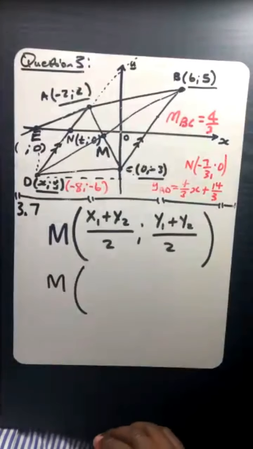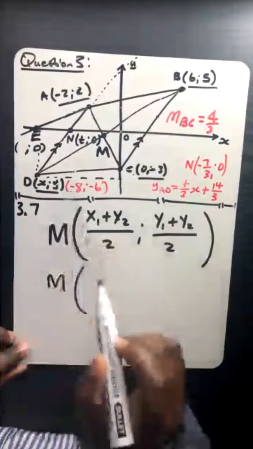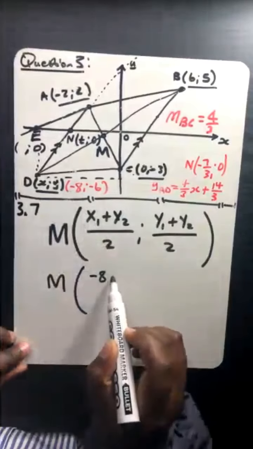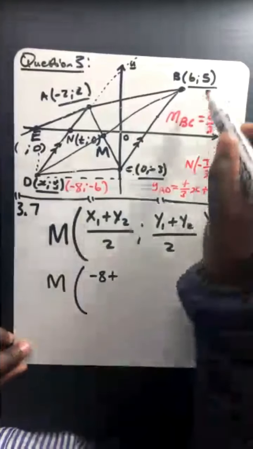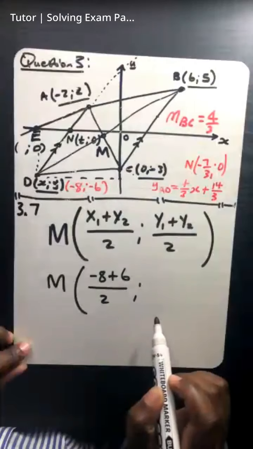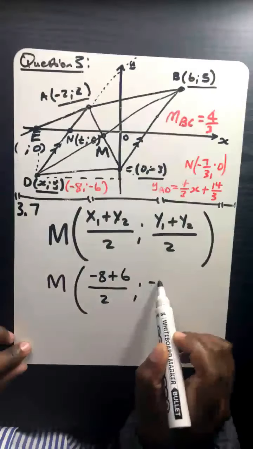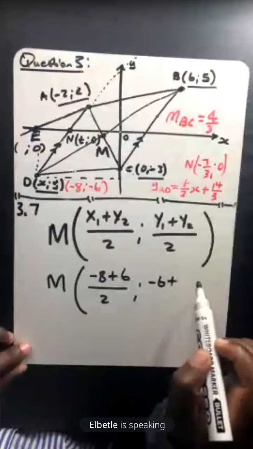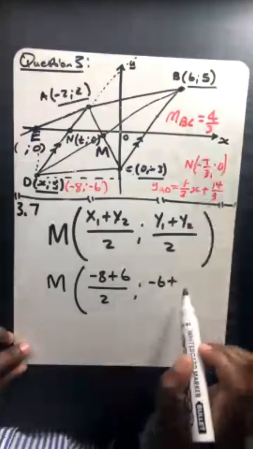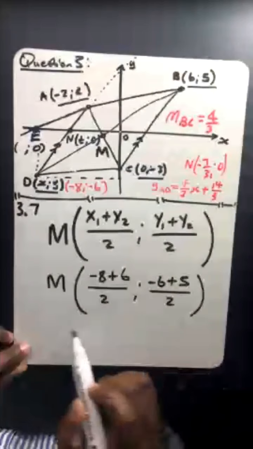Okay, so let's see. What is x1? x1 is -8 plus, what is x2? You can take it as 6 divided by 2. What about y? So we can take -6 as our y, then what? 5 divided by 2.